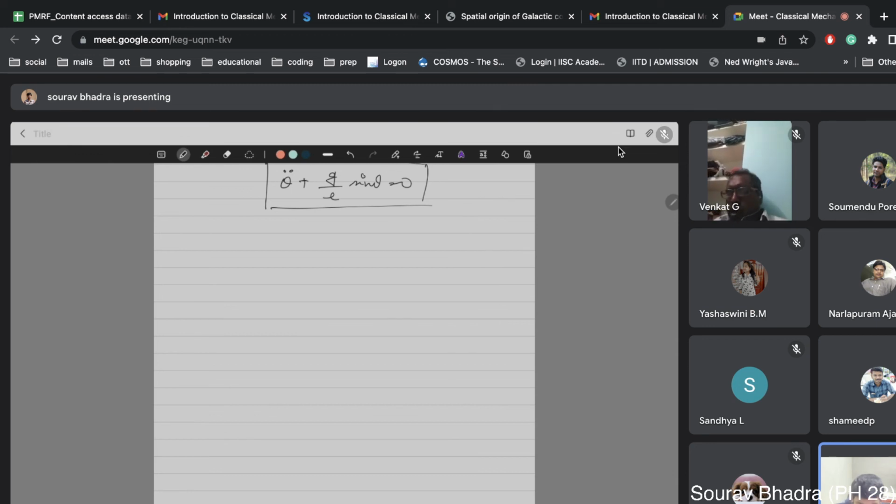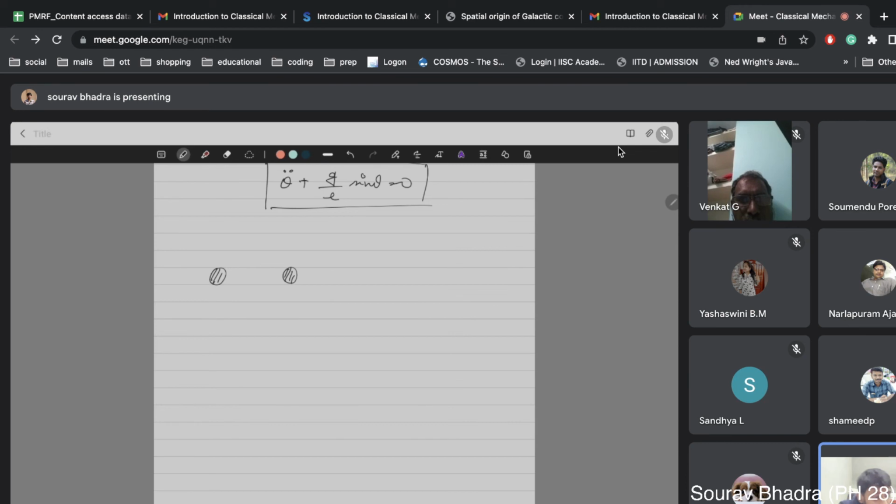So this assignment was very easy. The first problem was: how many degrees of freedom does a diatomic molecule have? Diatomic molecule means there are two different bobs of mass in 3D space, and there is no relation between them.